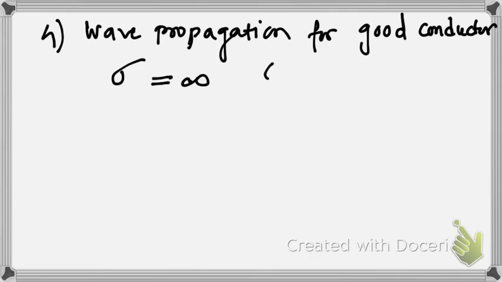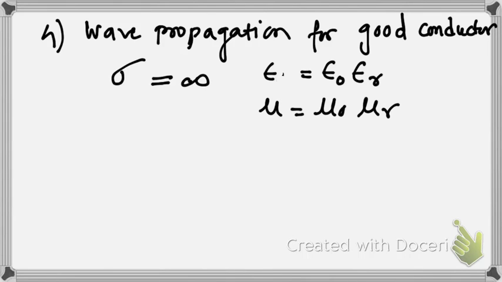Epsilon is epsilon naught into epsilon r, and mu is mu naught into mu r, but sigma is nearly equal to infinity.